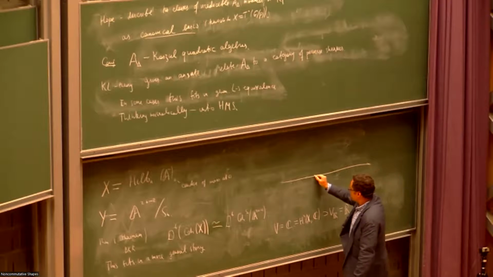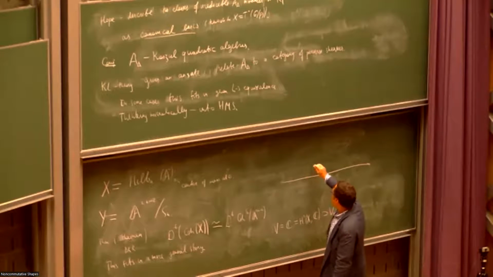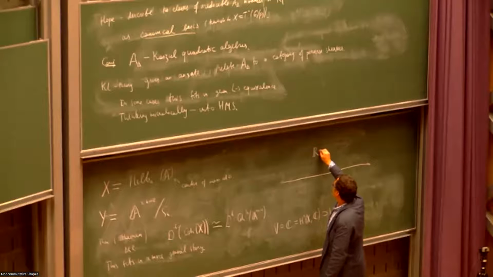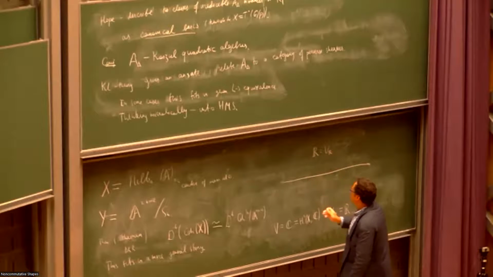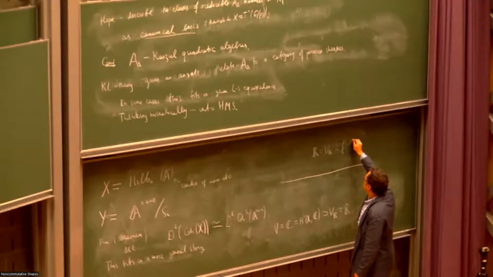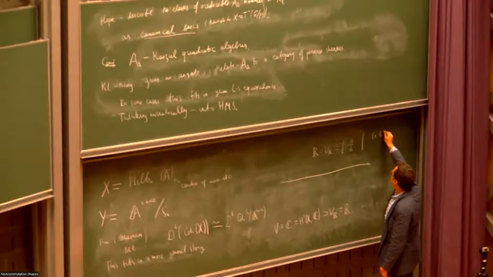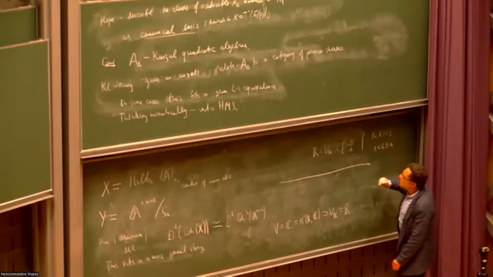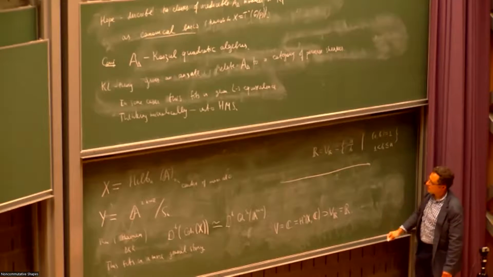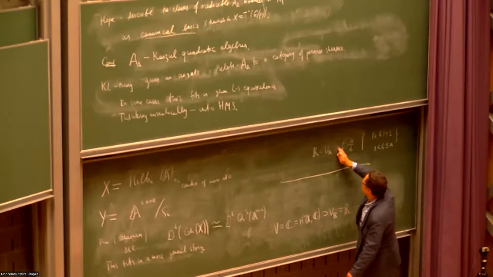Okay, so there's 0 somewhere, but the 0 is not one of the points I plot. But I plot R, it's a collection of hyperplanes. Here, hyperplanes are just points. And so this is the set of all fractions a over b, reduced fractions, where b is strictly larger than 1, but less than or equal to n.